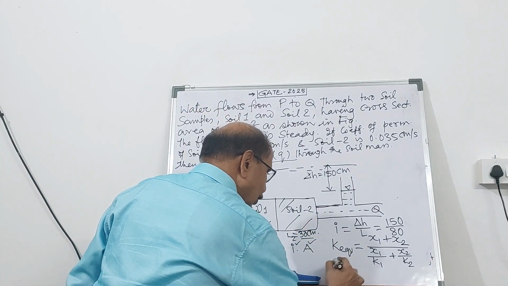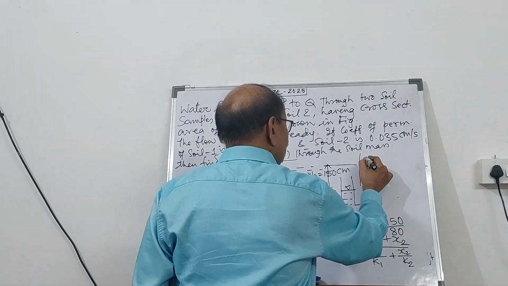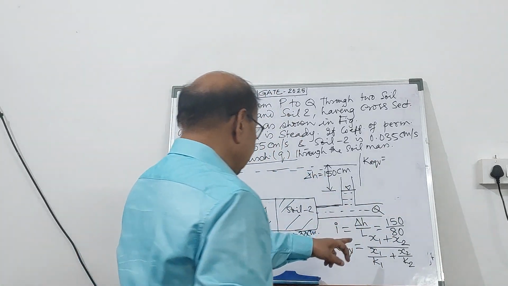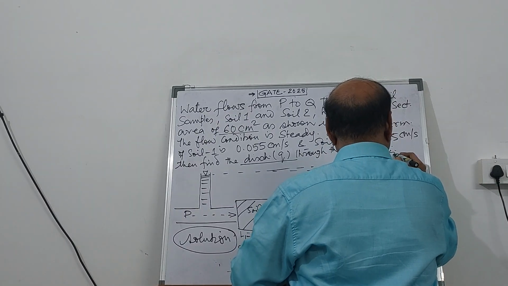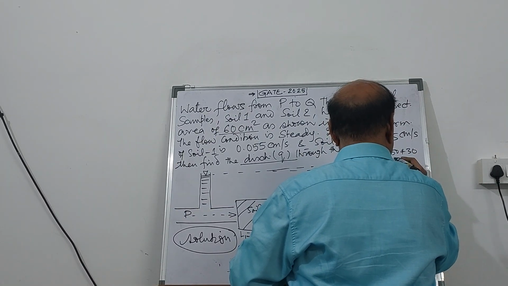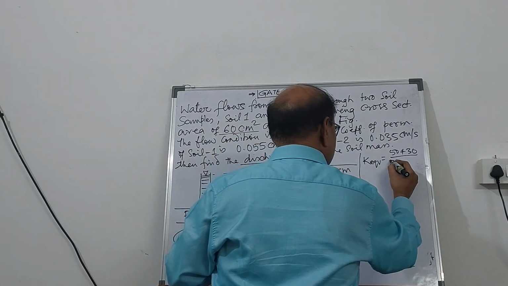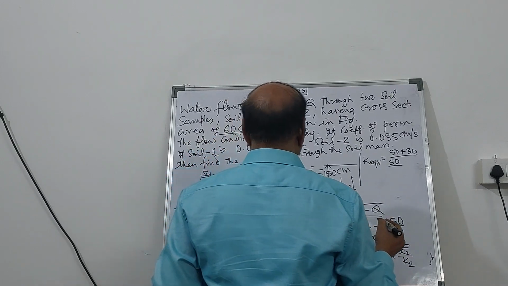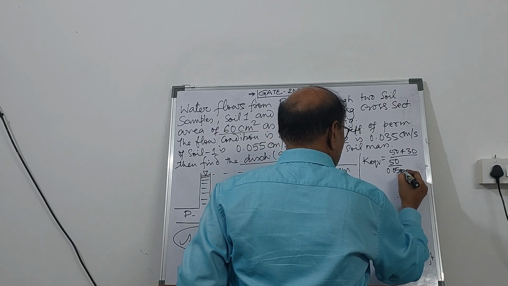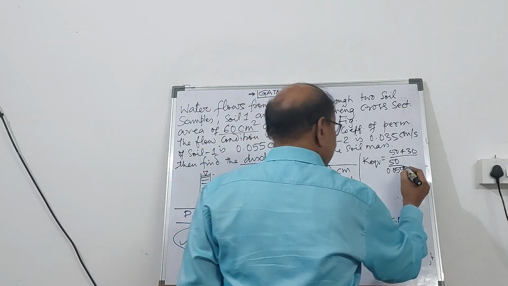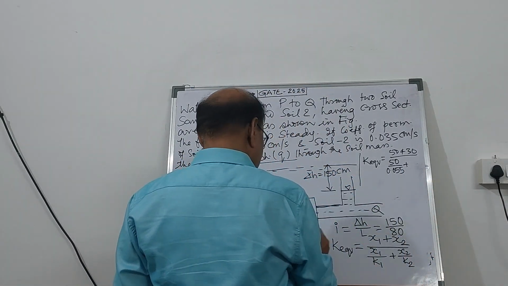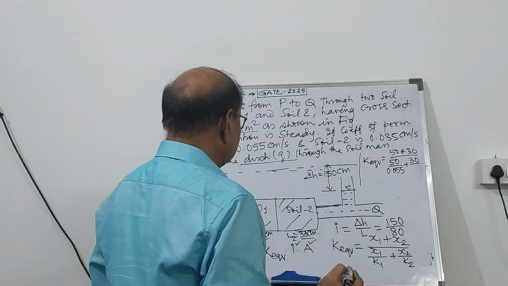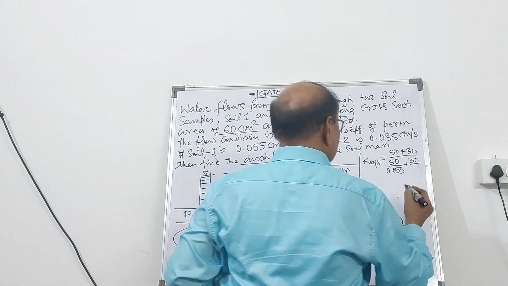So K equivalent can be calculated: 50 plus 30 divided by 50 divided by K1, and K1 is given as 0.055 centimeter per second, plus X2 here is 30 divided by K2, and K2 is given as 0.035.